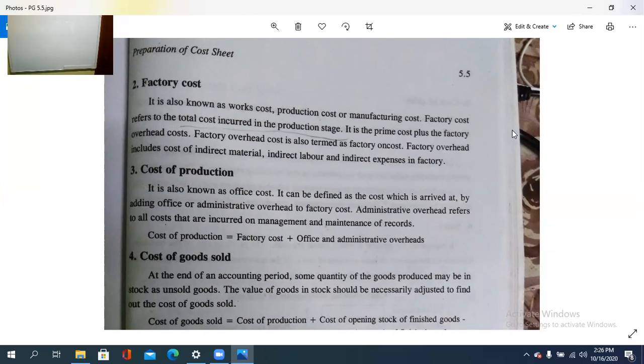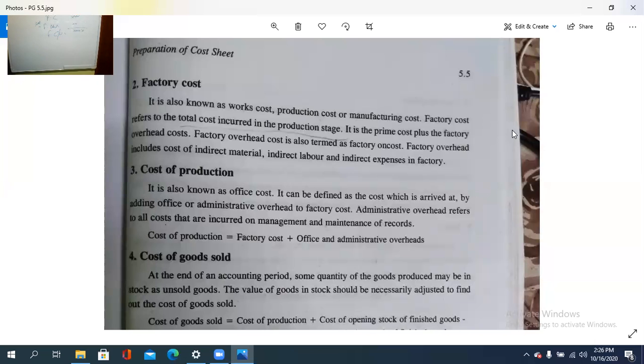That is, the total cost that comes in production, that constitutes the factory cost. It is the prime cost plus factory overhead cost. So PC plus factory overheads is the factory cost or work cost.